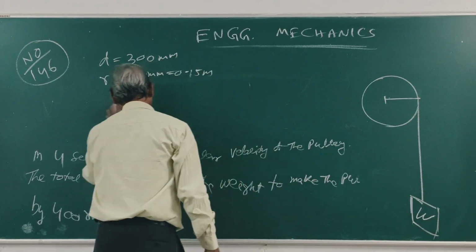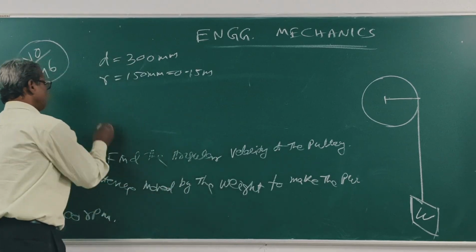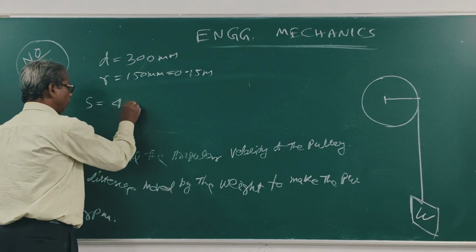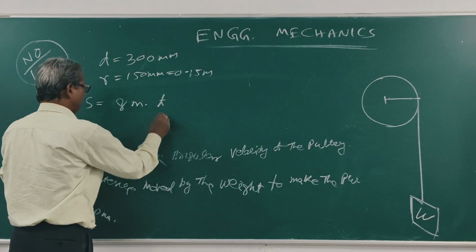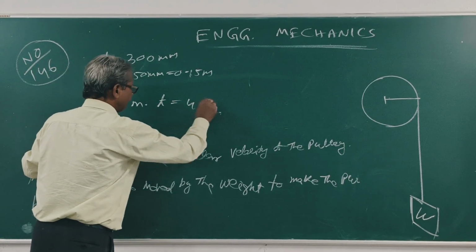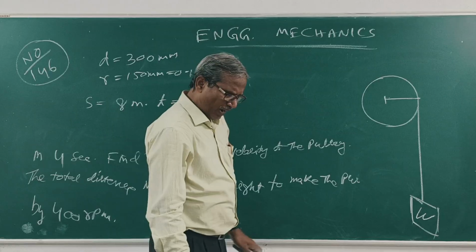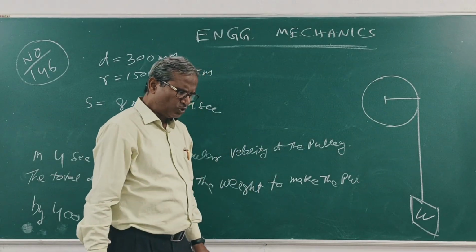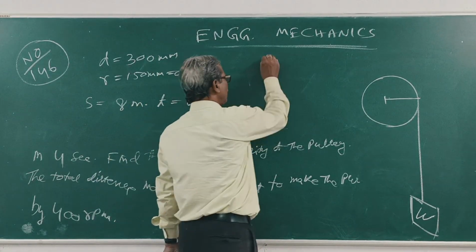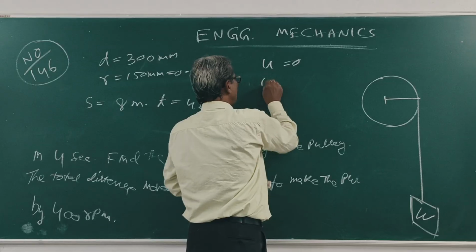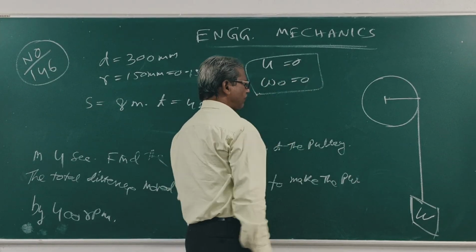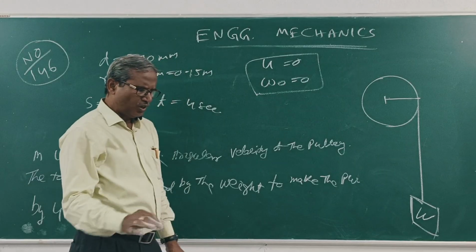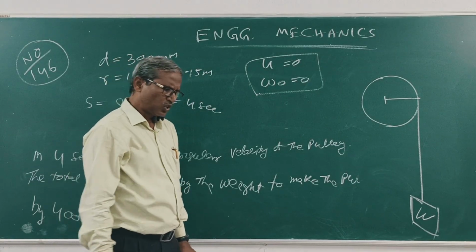So S is equal to 8 meter, not 4, 8 meter. Time T is equal to 4 seconds. Clear? After start means u is 0. U is equal to 0, omega 0 is also 0. So first find out what the acceleration is.